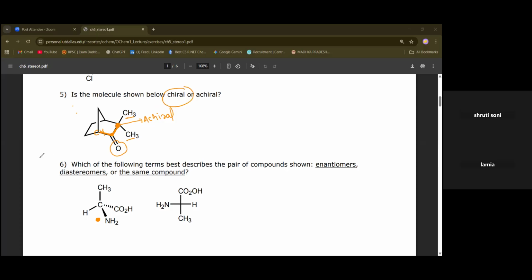You can do one more thing to identify chiral and achiral. Note this down: sometimes if we are not able to understand whether the given compound is chiral or not, we can directly use POS and COS. POS and COS need to be absent.